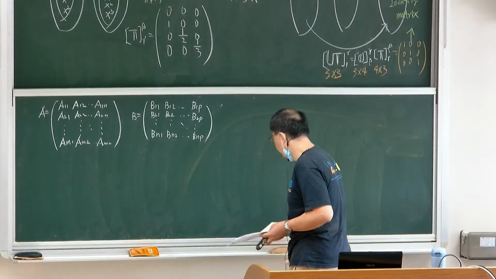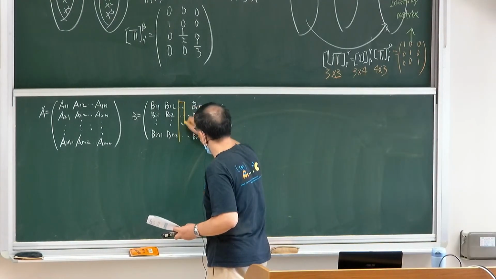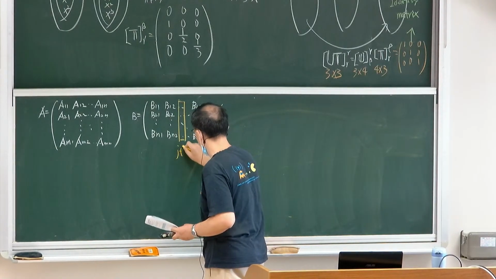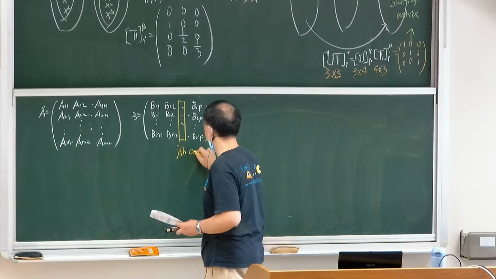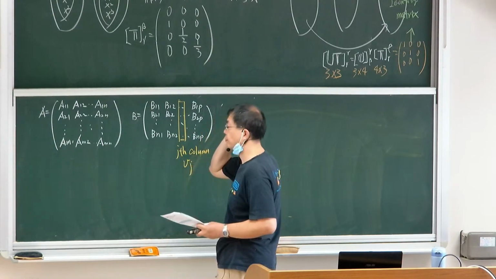Right now we define the jth column of B as Vj.